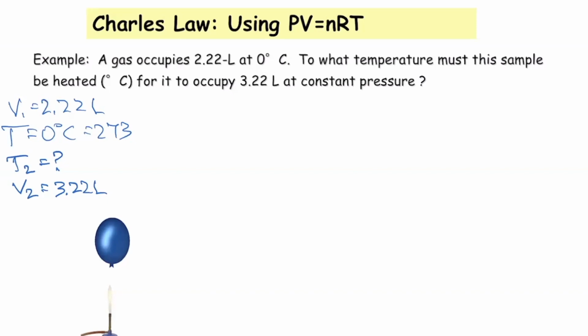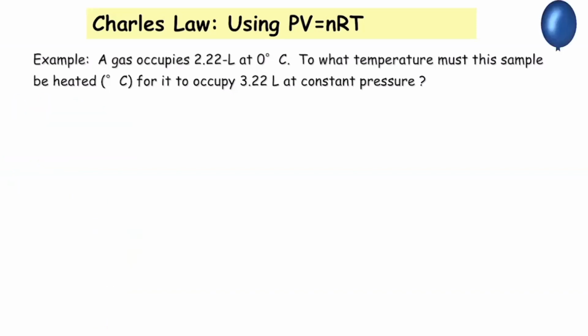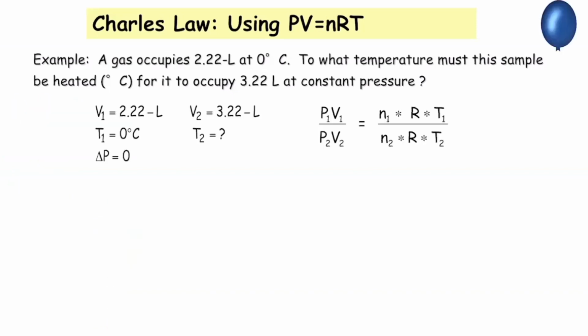We're going to approach it using condition 1, condition 2. And that's this right here. What are we solving for? The new temperature. So this is the variable we are solving for. Remember, the moles are not mentioned, so the moles cancel. R is automatically going to cancel. And the pressure is not mentioned, so that's going to cancel. What you have here is V1 over T1 equals V2 over T2.